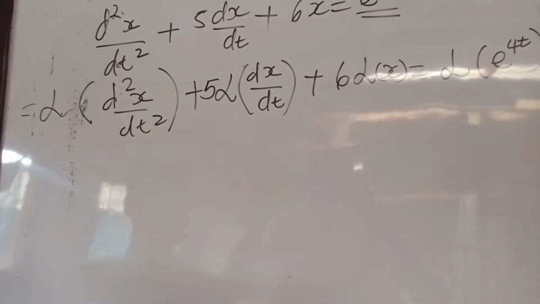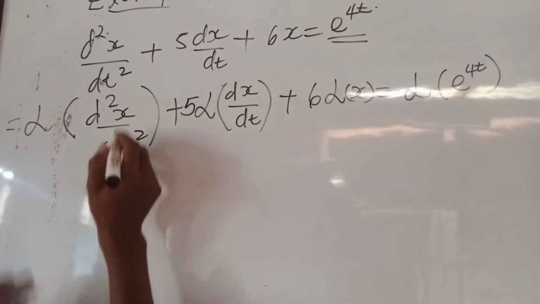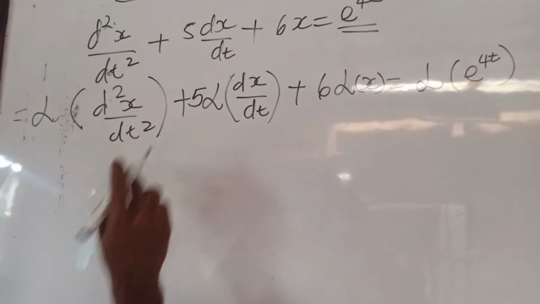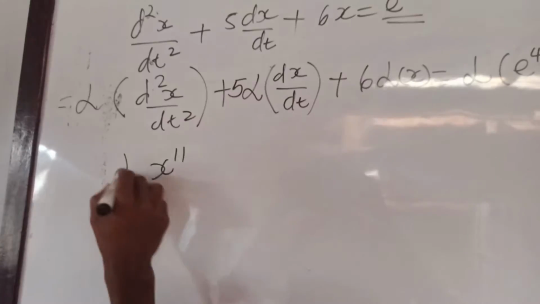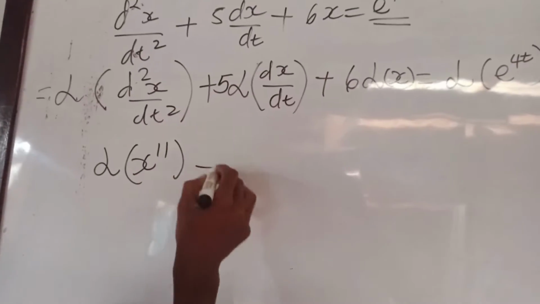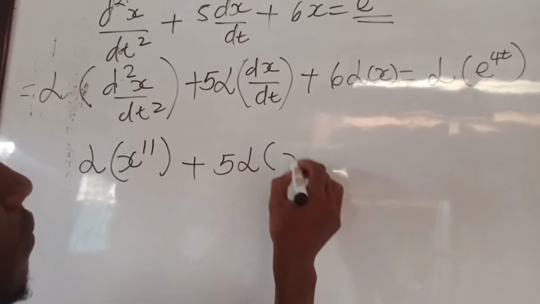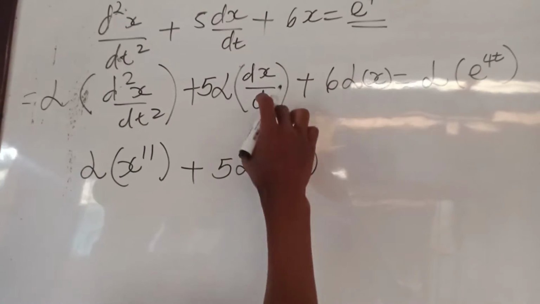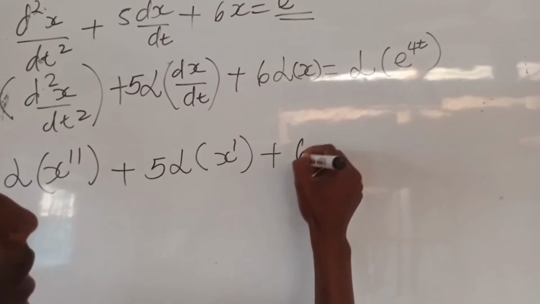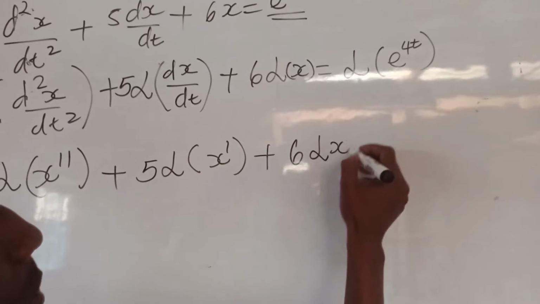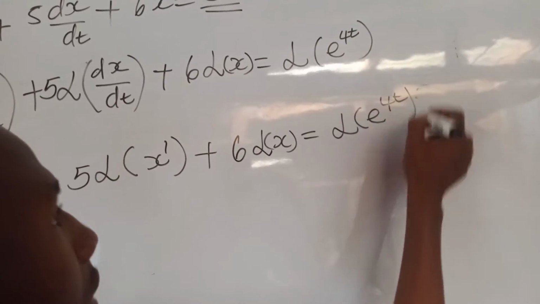Okay, now we have our expression written like this. So d squared x over dt squared can be written as x double prime. Therefore it is Laplace transform of x double prime plus 5 Laplace transform of x prime, dx over dt is written as x prime, plus 6 Laplace transform of x is equals to Laplace transform of e raised to power 4t.